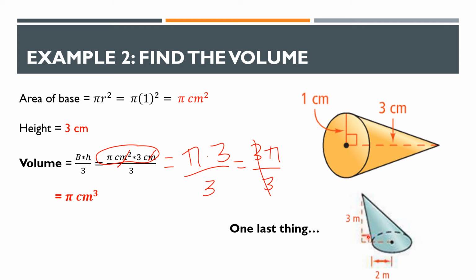So again, you're looking for that 90-degree angle from the vertex down to the floor of your cone. So if you see some of these tilted cones in your homework, I think there are about 3 of them, just look for that perpendicular length and that will be your height. So here 3 meters would be the height, 2 meters would be the radius, and you just plug it in like we did over here.